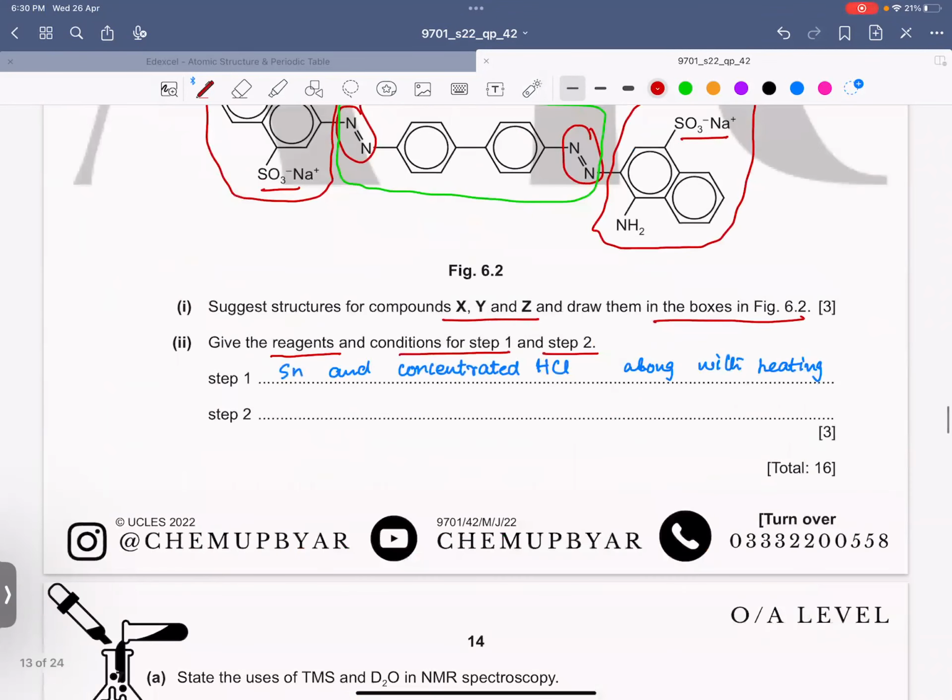So that's what we are going to write over here: NaNO2 and HCl, and the temperature would be less than or equal to 10 degrees Celsius. This reaction occurs at cooler temperature. So our question number 6 is completed.